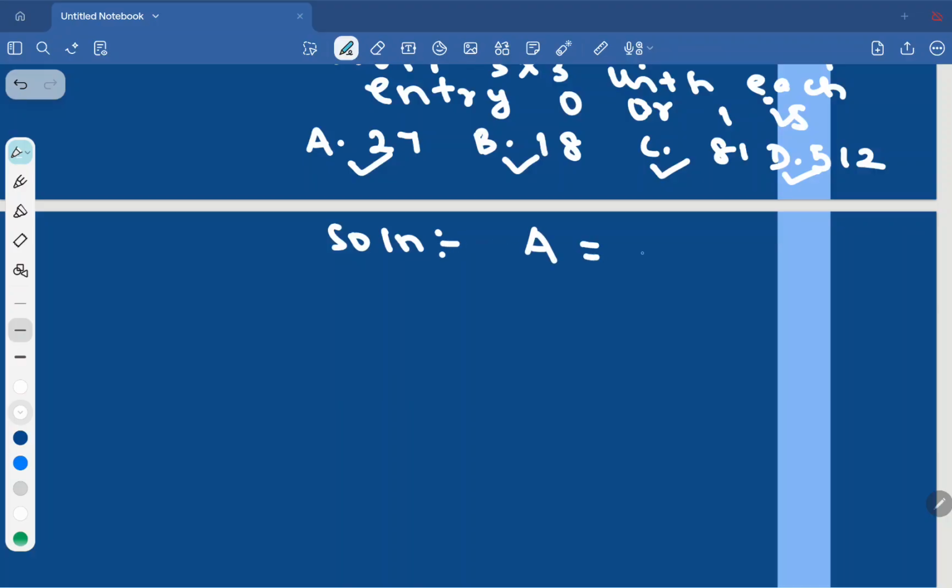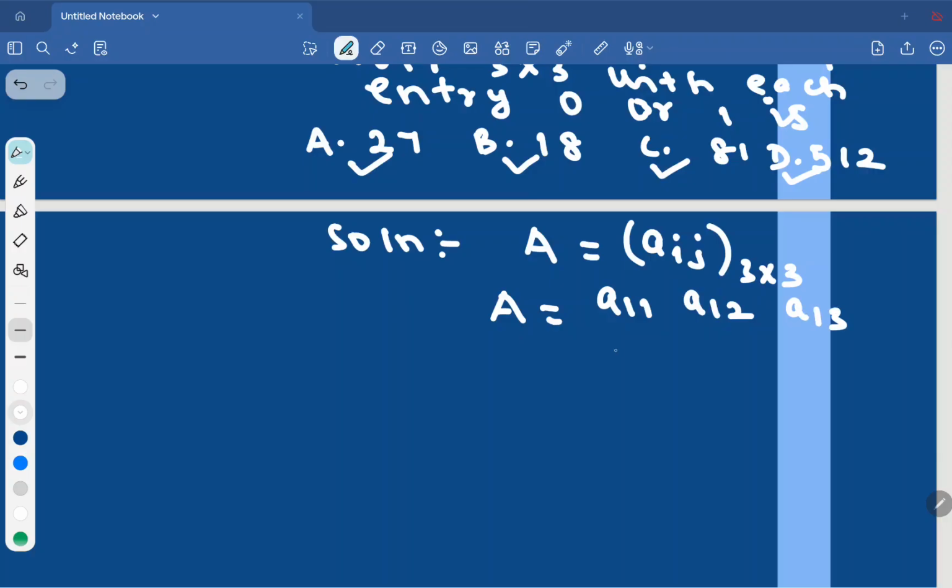What is A? Given as Aij, order is 3 cross 3. Therefore, total elements in Aij for order 3 cross 3, 9. A11, A12, A13, A21, A22, A23, A31, A32, A33.